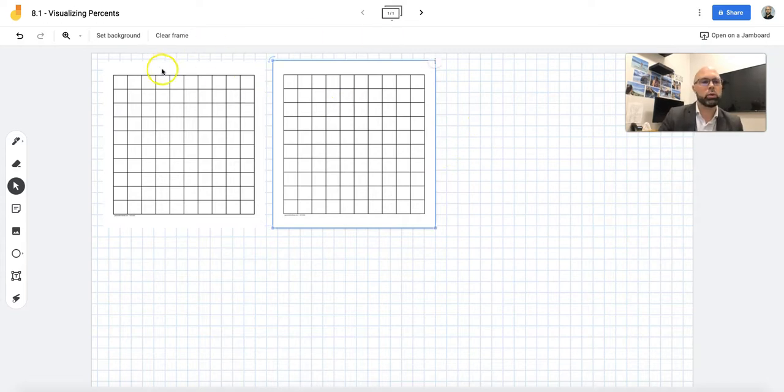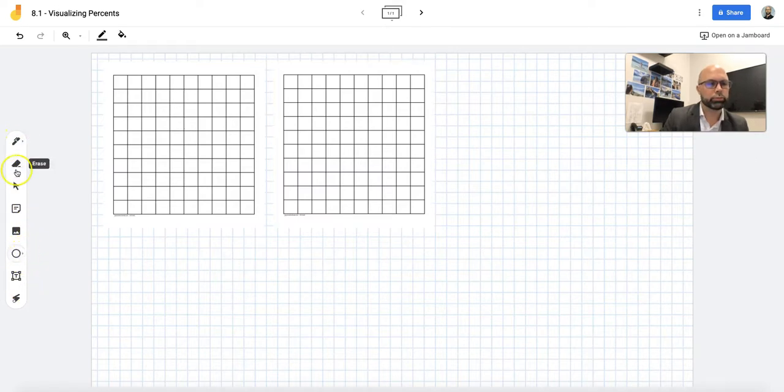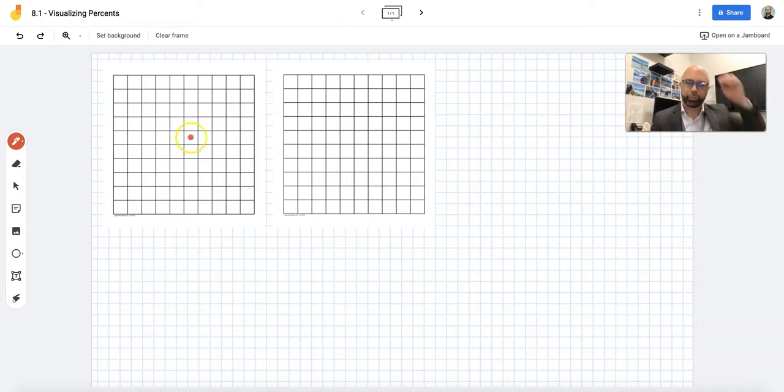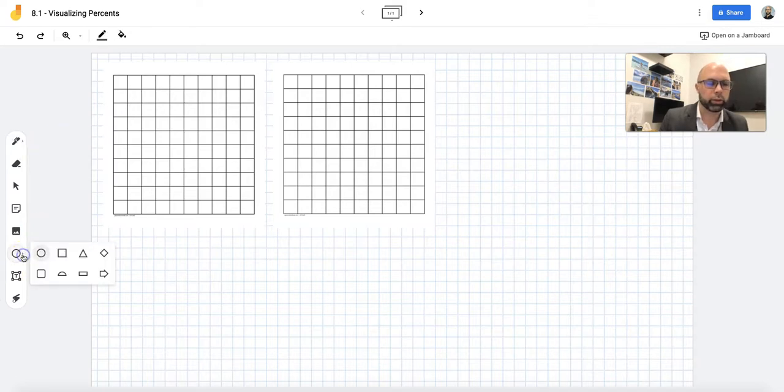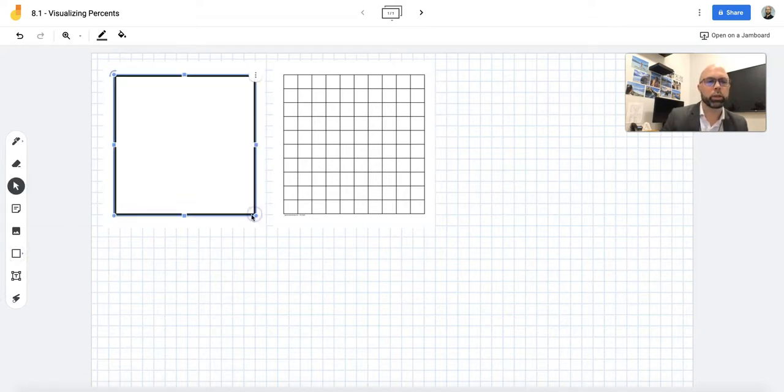Okay, so how do we show 25% here? I guess this is the best tool. Fine. That's horrible. What's a quick way? How can I adjust this? Let's try this. Boom. And we will change the color.